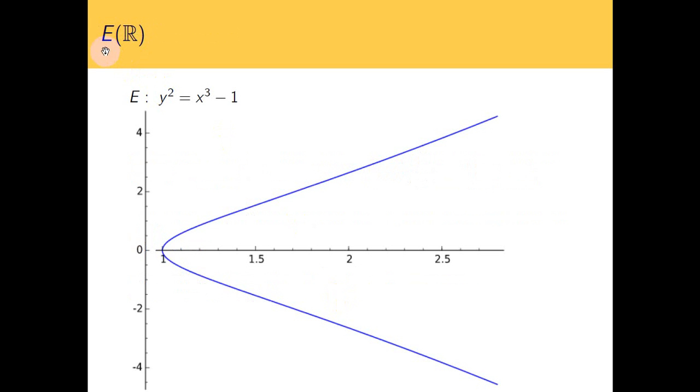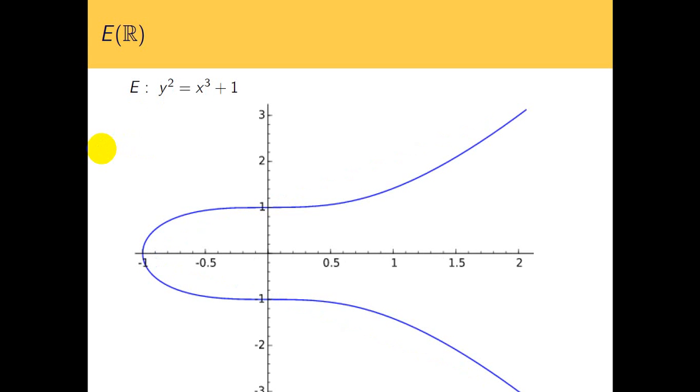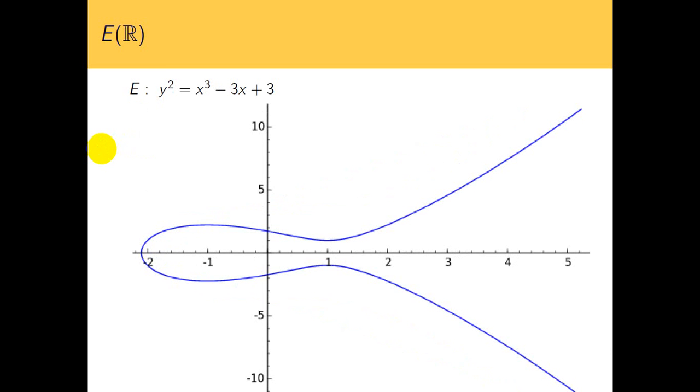In this case, E of R is the elliptic curve with real coordinates. So x and y are real, and the coefficients are real. This is what it looks like when you graph it in the xy plane. Here's an example. When you tinker around with the coefficients, you get different shapes. Here's a possible shape. Here's yet another possible shape.